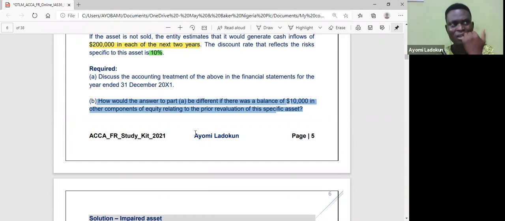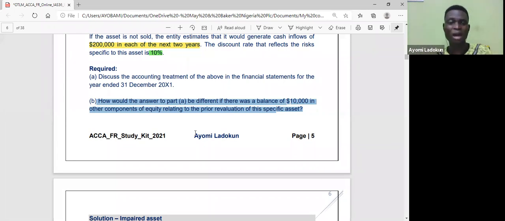So I can't say an asset has suffered impairment, and at the same time the asset has revaluation reserves within OCI. It doesn't make sense. So the standard is saying, if an asset that has been previously revalued has now suffered impairment, that impairment loss should first be taken to OCI. We take it out, that means we take it to zero, before the balance can be taken to profit or loss.